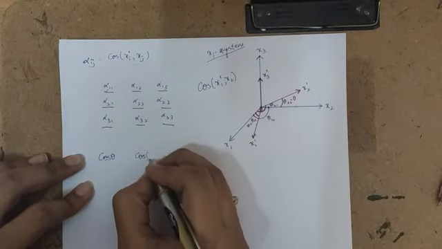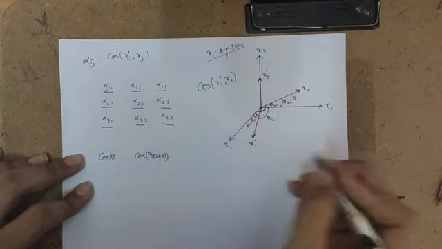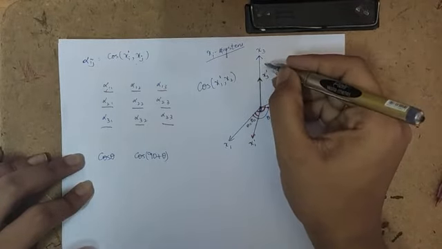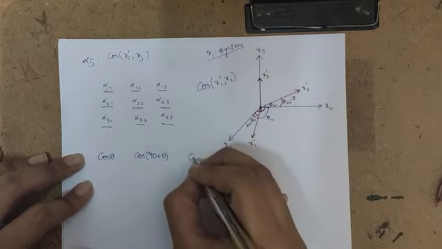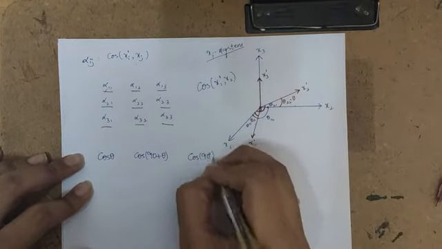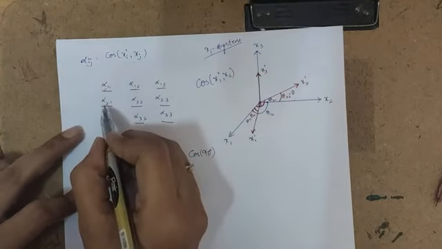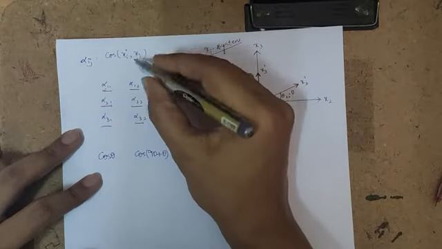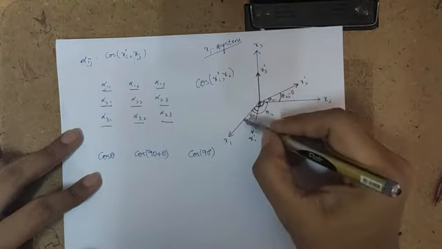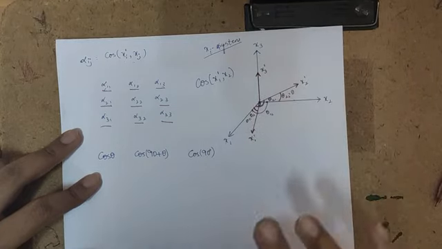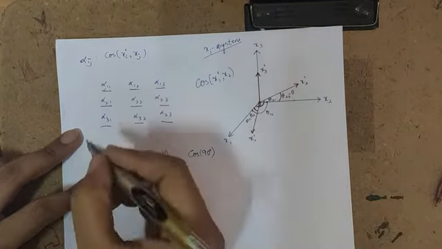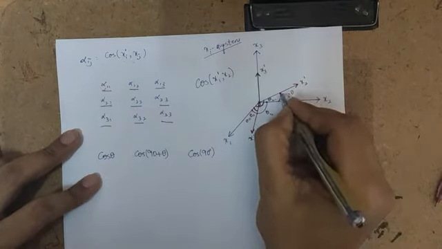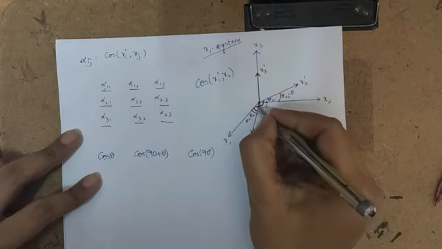Alpha 13, for the third, is about the x3 axis, so it will be cos of 90 degree, since they are perpendicular to each other. Similarly alpha 21 is cos of x2 prime comma x1, that is this angle.